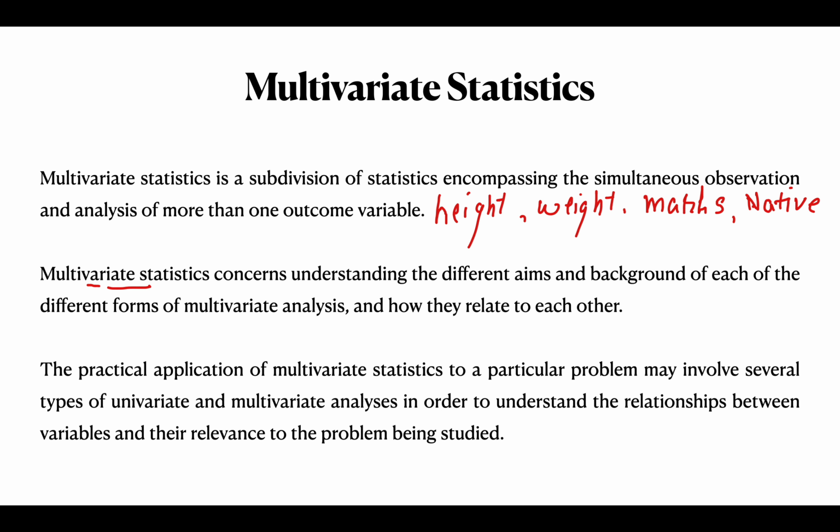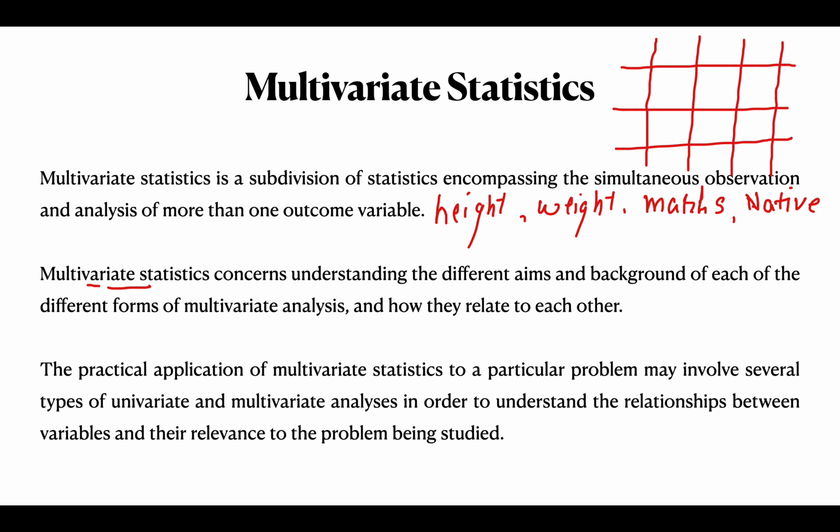Now let's say I have this data. This is my first attribute, this is my second attribute, this is my third attribute. These are my students A, B and C. This is multivariate data because I have three variables here, 1, 2 and 3.